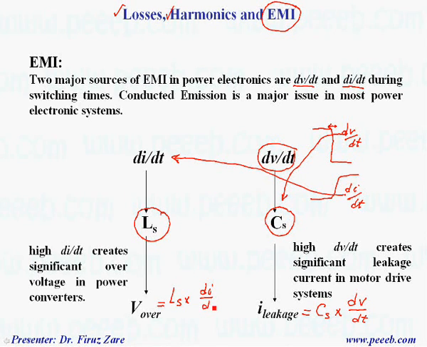So the best thing that we can do is to minimize and reduce the stray components, because in this case we can have a better system, a better layout, and better efficiency. And the point is that there are some constraints on di/dt and dv/dt. We cannot decrease or increase these factors easily, because by changing di/dt we may change losses, and in some cases we're not allowed to increase losses.